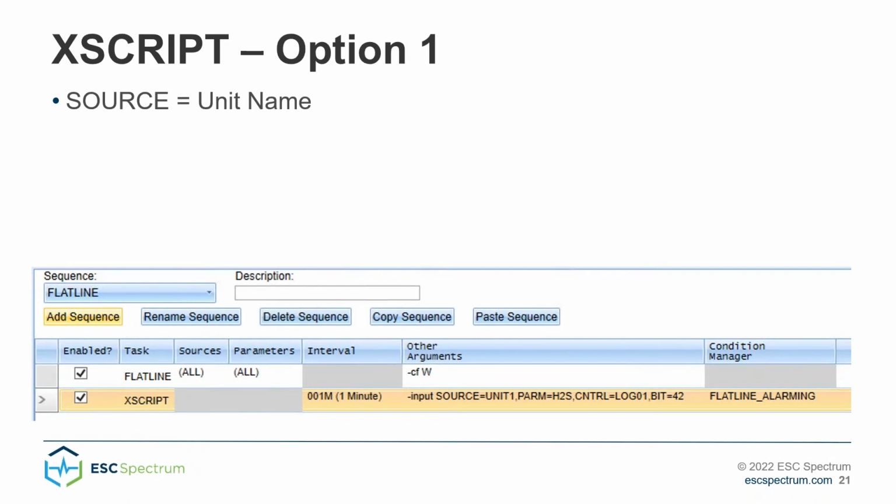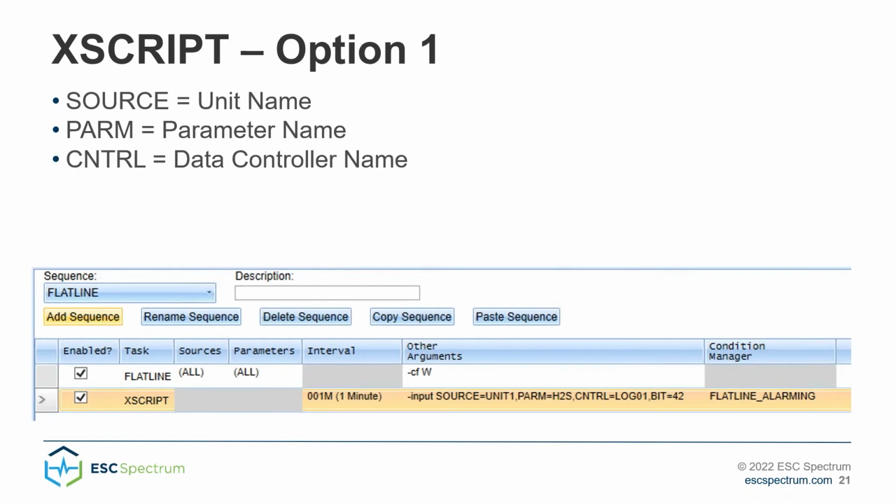Source is going to be your unit name. In this case, we have our source as unit 1. The parameter is going to be the parameter name, which is parm. In this case, we're setting as H2S. The control is going to be the data controller name, which is log 01 in this case.